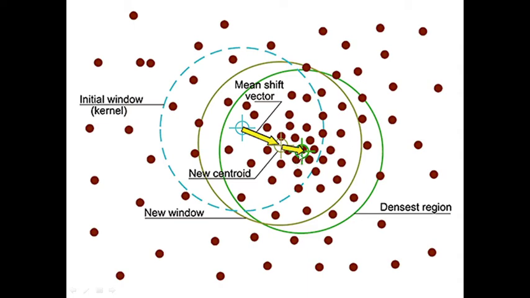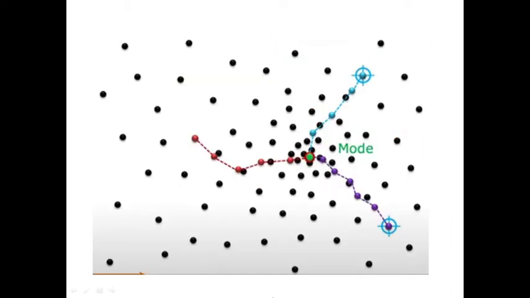So for this pixel, or for this pixel, the mode or peak of the hill is here. For this pixel the peak will be here, and for this pixel also the peak will be here, and for this pixel also. Just as we wrapped this pixel with a circular window and shifted its mean until it reached here, in a similar manner we do the same job for this pixel and for this pixel.